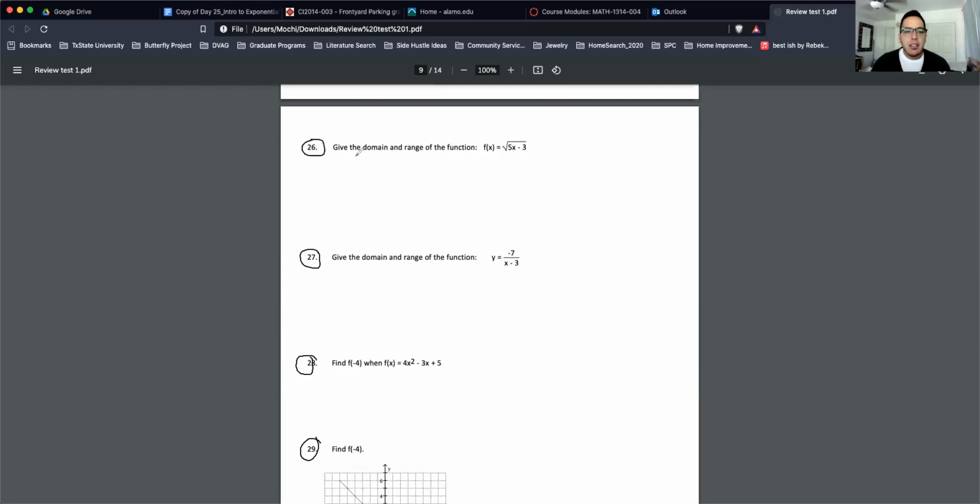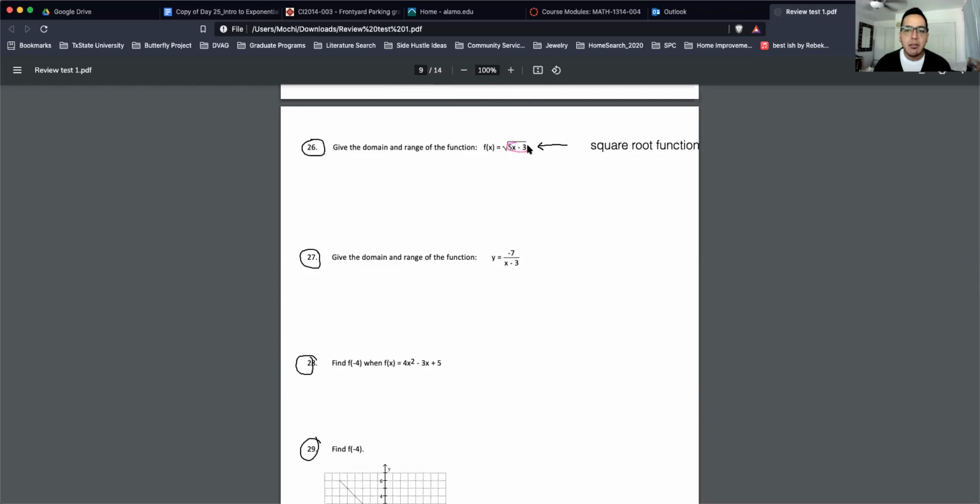So to give the domain and range of this function, I'm not sure what method Miss Cottier taught you guys, but I'm thinking that she probably had you set up an inequality that you have to solve. Whenever you're trying to find the domain of a square root function, you need to take the stuff on the inside of the square root.